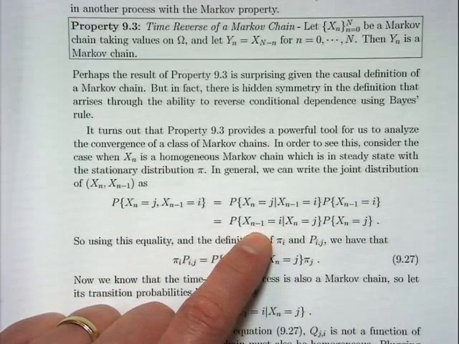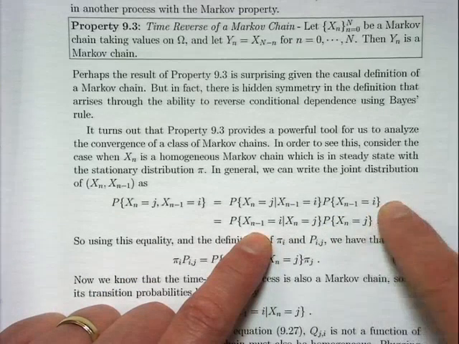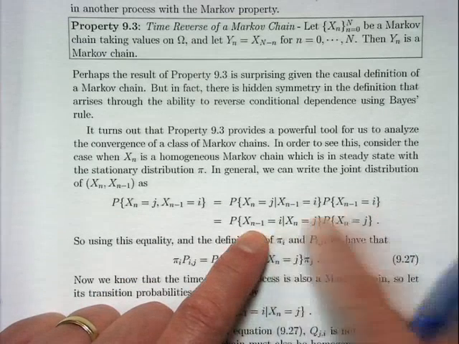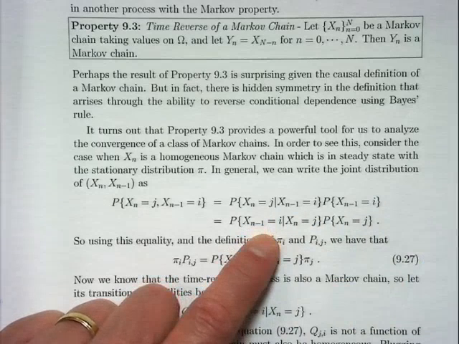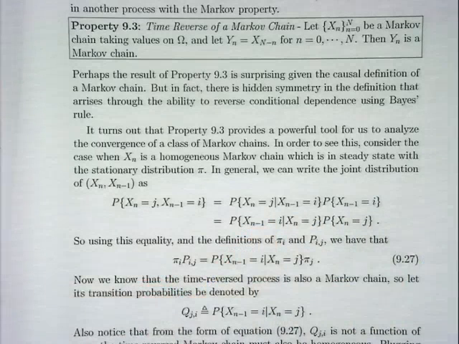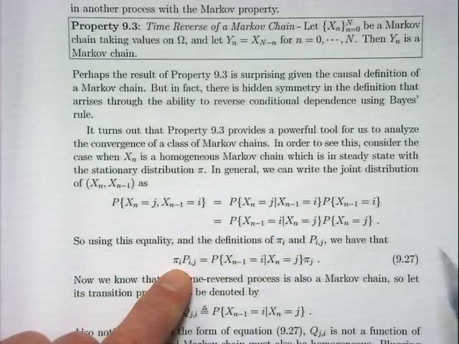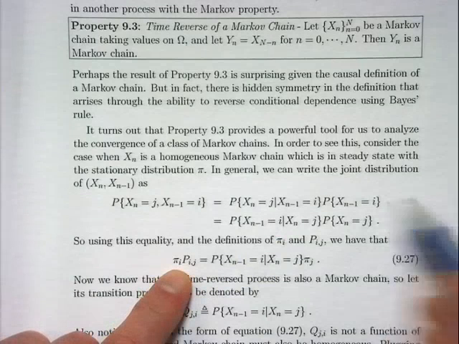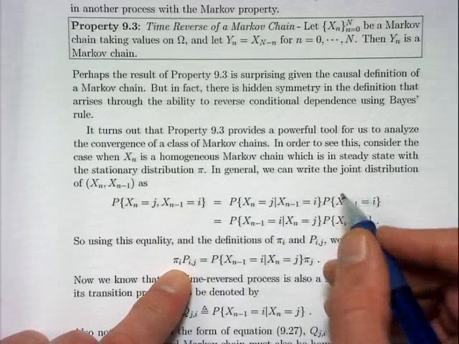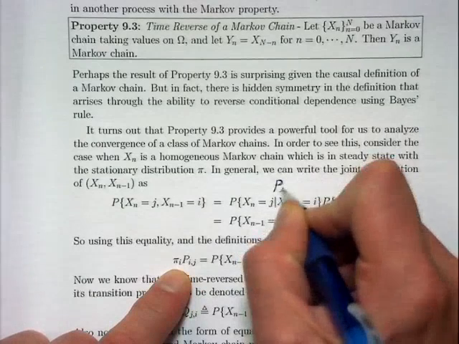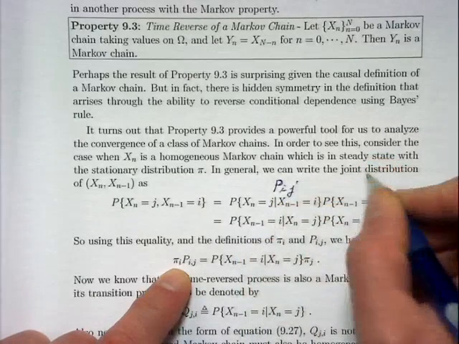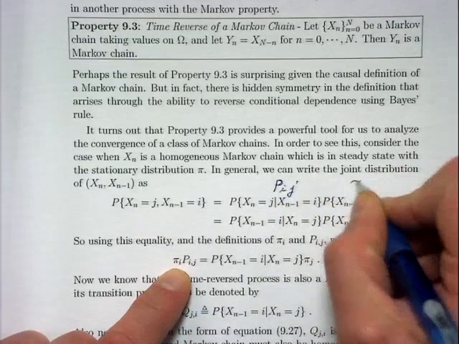So now, I can write that either way. With Bayes' rule, I can write it as one condition. I can write it as a forward conditional distribution or a reversed one, right? So now this term here is going to be P_ij, and this thing is pi_i.